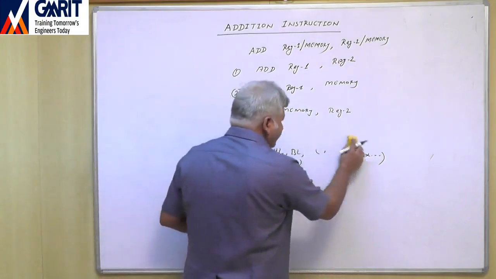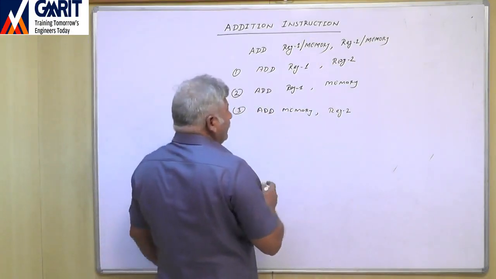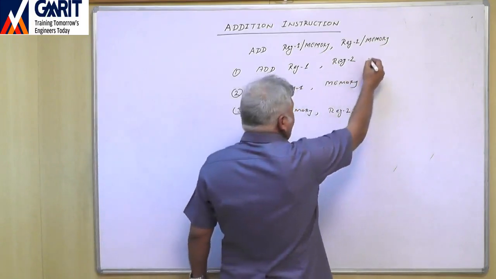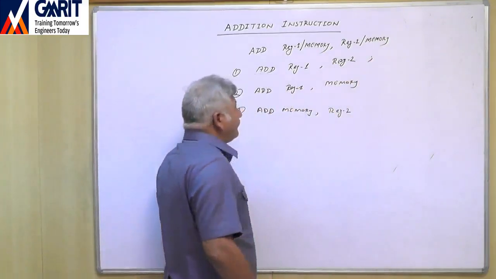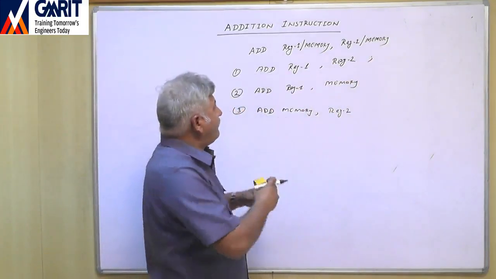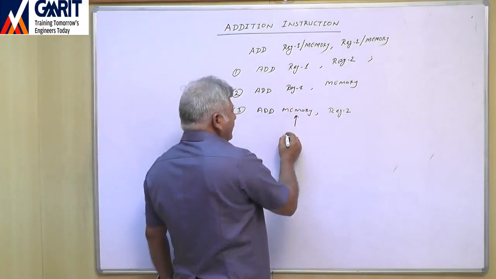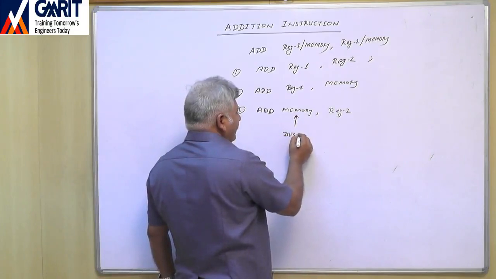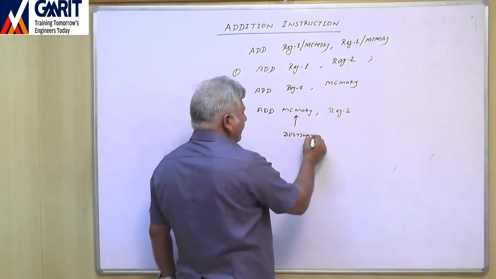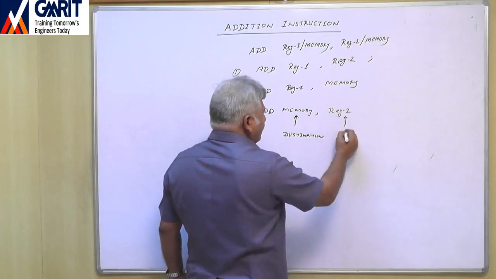So we will take the example for the first instruction, ADD. Now here, first, this is the destination and this is the source.